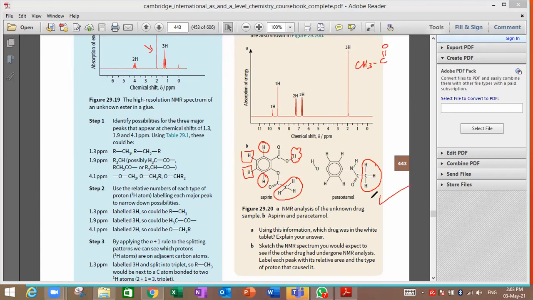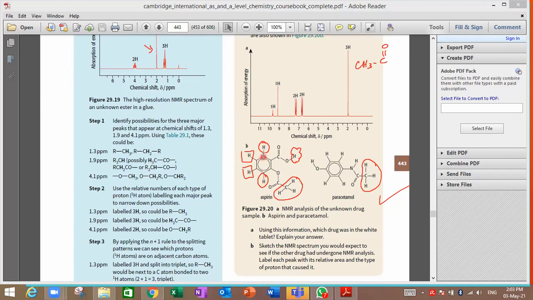Miss, can you repeat the part about the hydrogens? Yes, if we look here at the aspirin, we will find that this hydrogen should appear alone. And yes, this hydrogen also should appear alone because its environment is different than that environment.